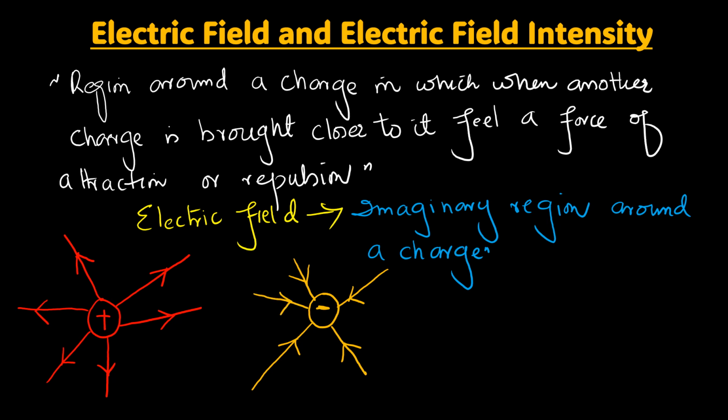So dear student, as a whole, the electric field lines are around positive and negative charges. Basically, they represent overall an electric field.